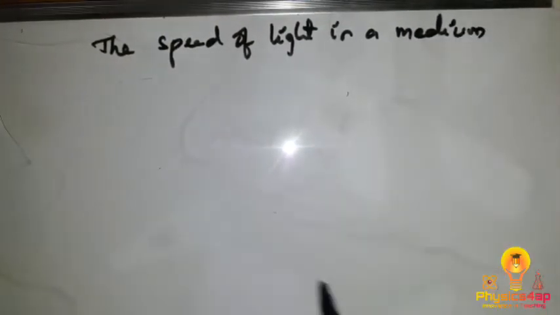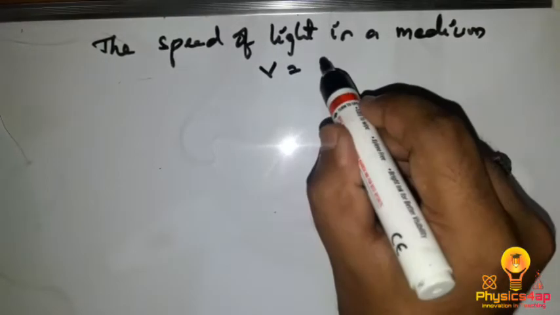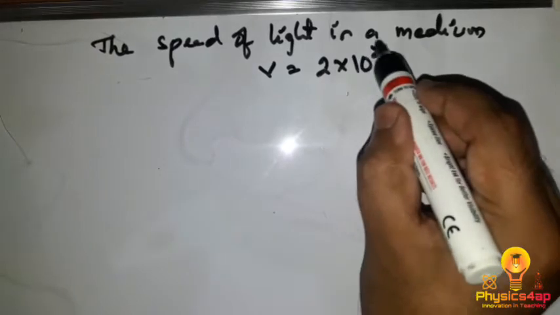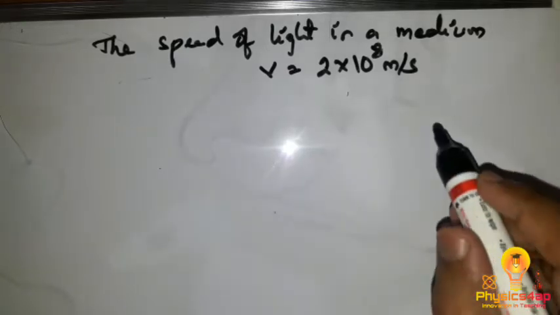Speed of light in a medium. So let us consider the speed of light in a medium as v equals 2 into 10 to the power of 8 meters per second.